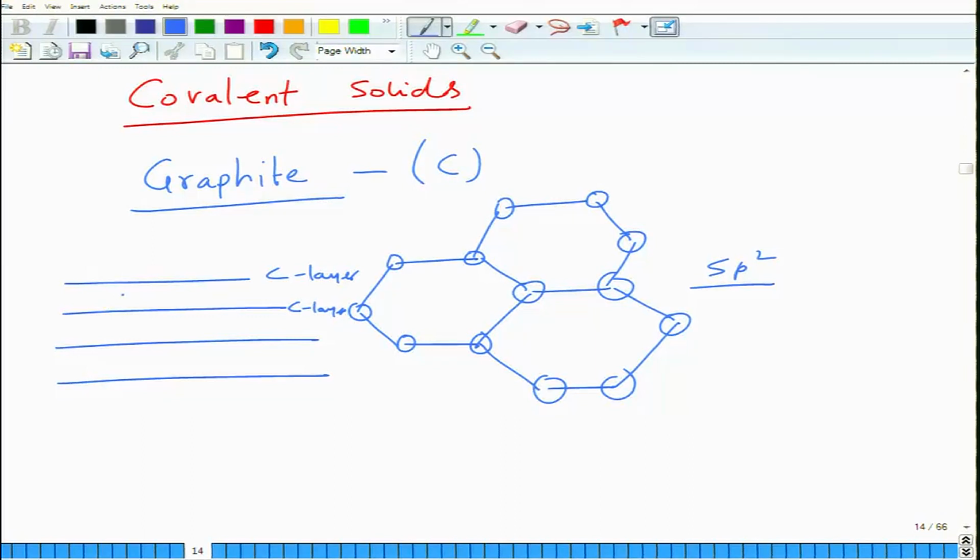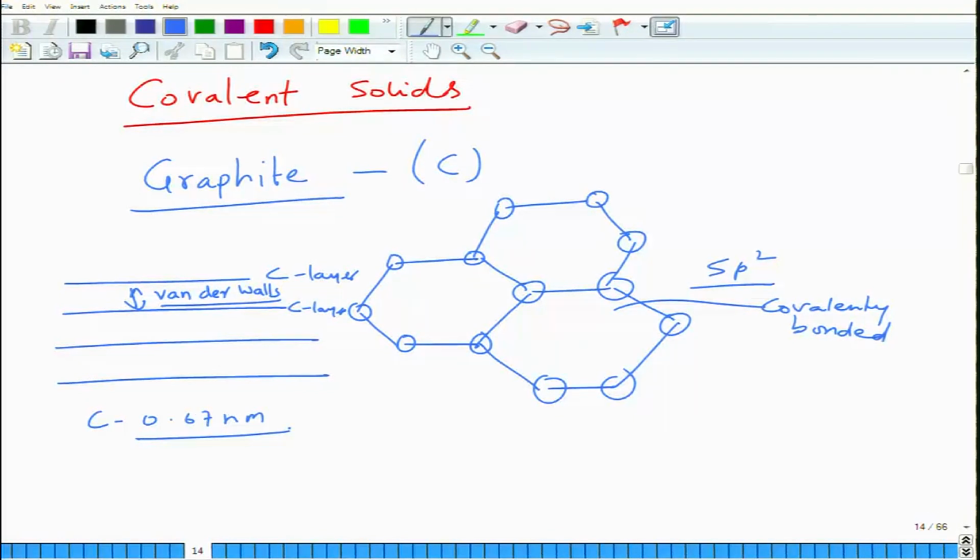Within the plane they are covalently bonded, and between the planes they are van der Waals bonded. Graphite makes a unit cell whose c axis length is about 0.67 nanometer. Within the plane you have sp2 bonds, and between the layers you have van der Waals bonds.